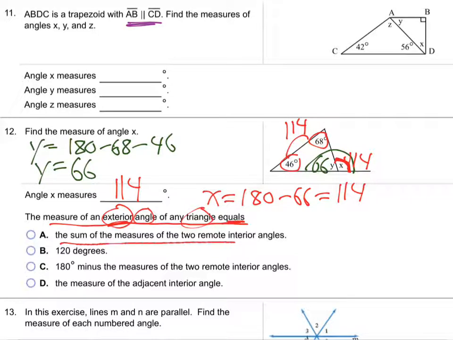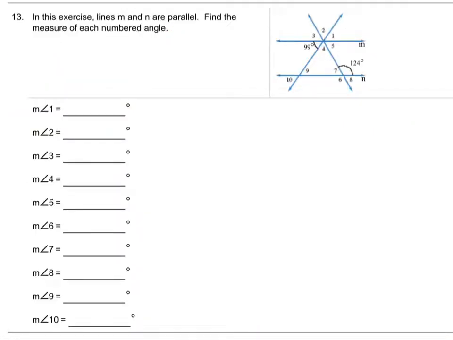The sum of the measures of the two remote interior angles. It was these two added up. Right? It always will be. Because, why? Because this side is found by 180 minus those two, and then this side is 180 minus that, so it goes back to those two. That's how that works.